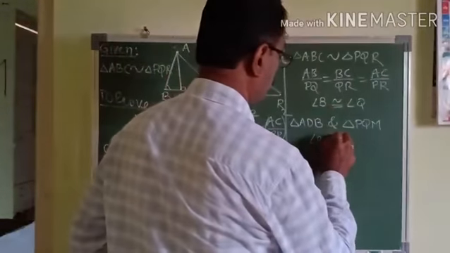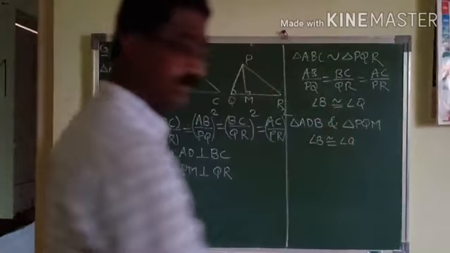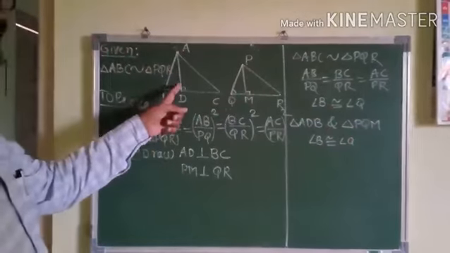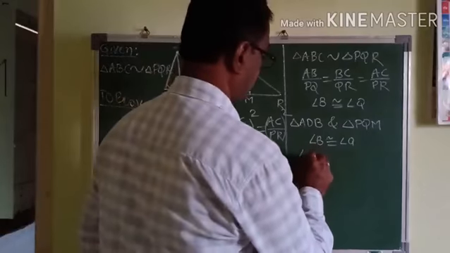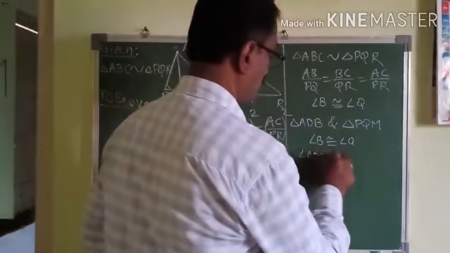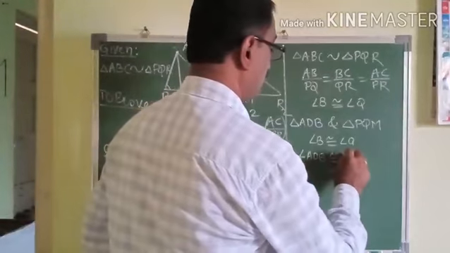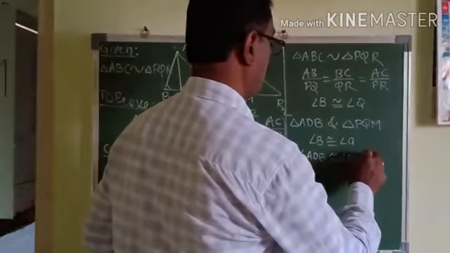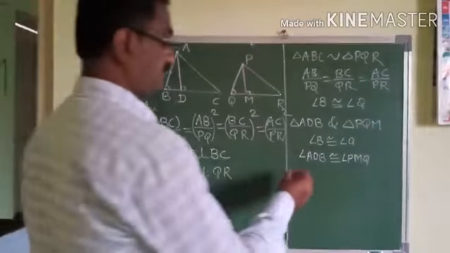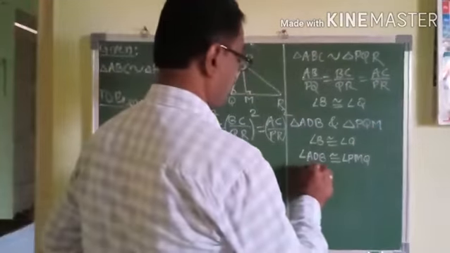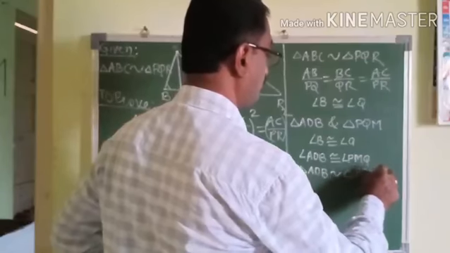Angle ADB congruent to angle PMQ, each of 90 degrees. Therefore, these two triangles are similar. Triangle ADB similar to triangle PQM.